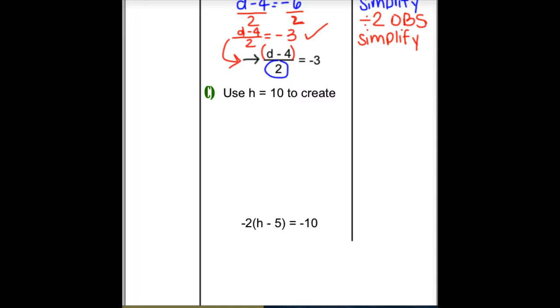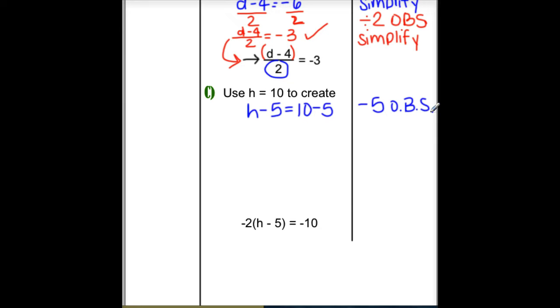So after I write down h equal to 10, I'm going to take that h and subtract 5 from it, and then I'm also going to subtract 5 from the 10. So I can write down subtract 5 on both sides.